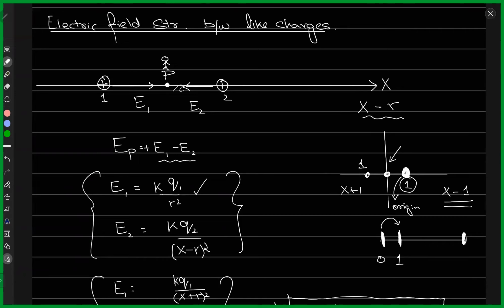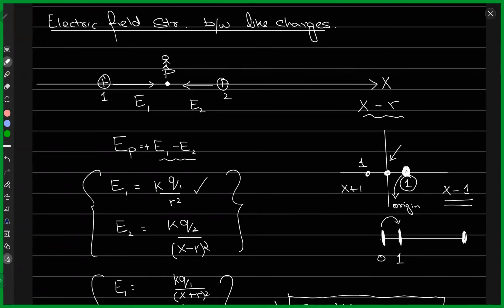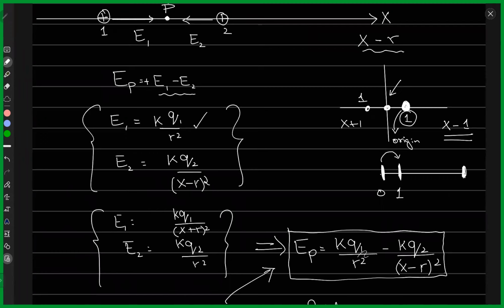Then you pick any point P in between those two charges. At that point P, if I were to bring any other charge, it would experience the electric field, which we computed, right? That would really be the sum of the electric fields coming from both these like charges, right? And that was this thing.